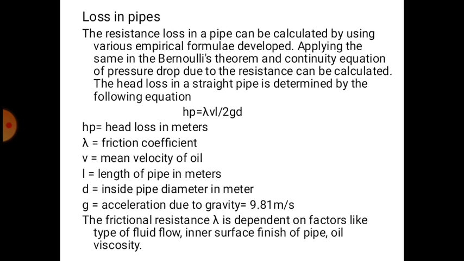HP, that is head loss in meters, is equal to lambda, the friction coefficient, times the mean velocity of the oil times the length of the pipe in meters, divided by 2 times g times d, where g is the acceleration due to gravity and d is the inside diameter of the pipe. So by using the formula you can calculate the head loss in meters.